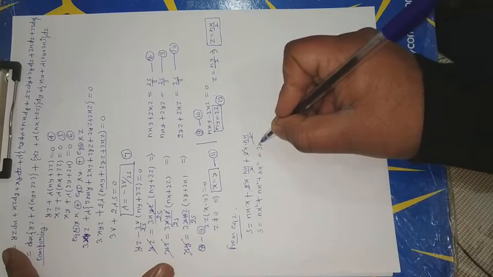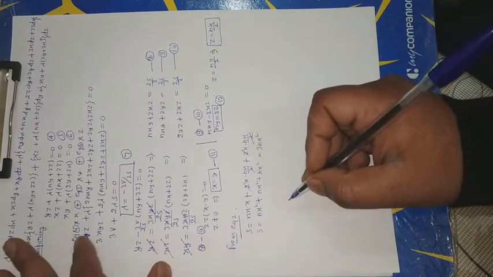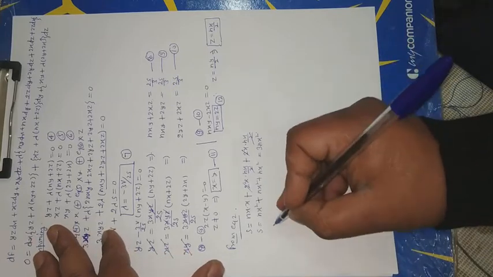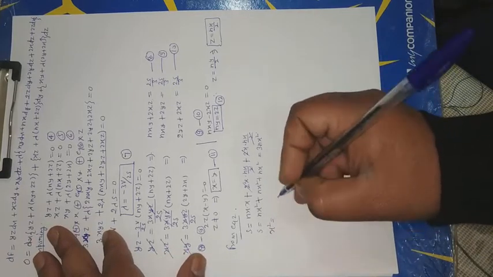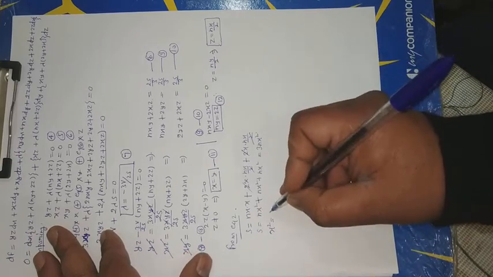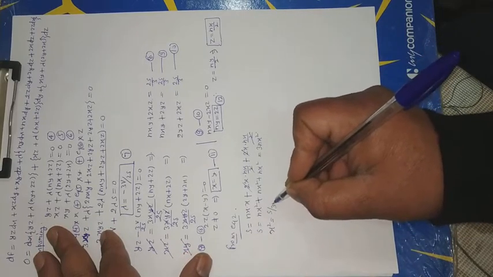This is equal to 3nx square. Okay. Now x square equal to S upon 3n.